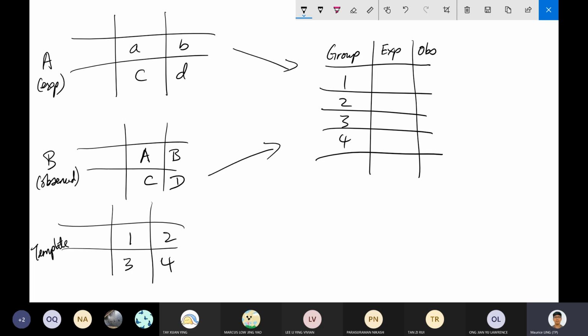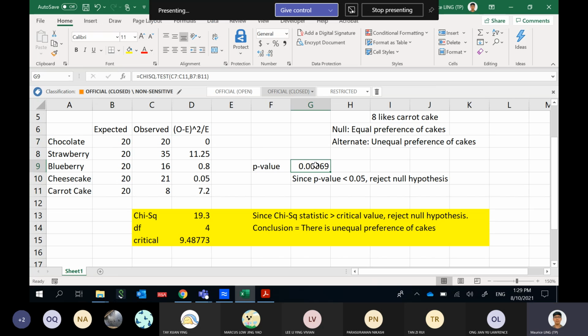Group 1 expected is A, B, C, D. Here is A, B, C, and D. Transpose all the numbers correctly. The only problem you will face is if you take this and calculate the p-value directly, you get a wrong answer.